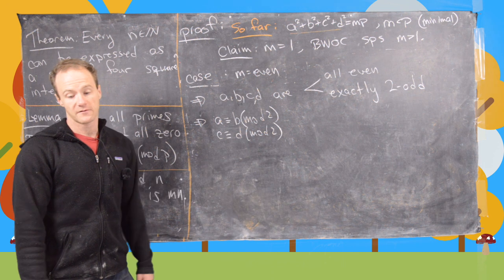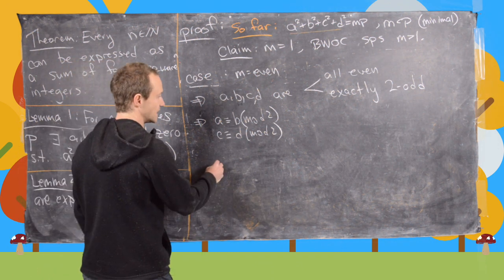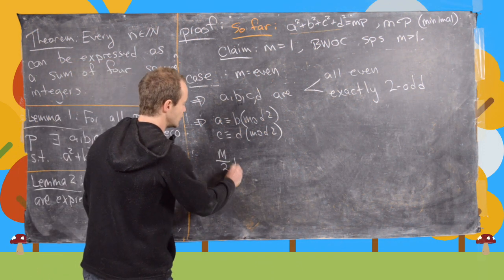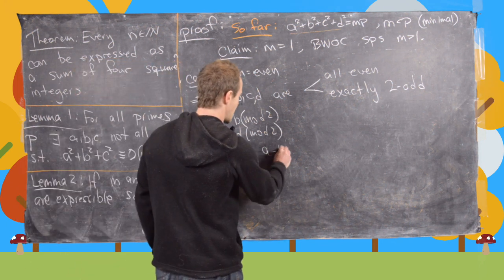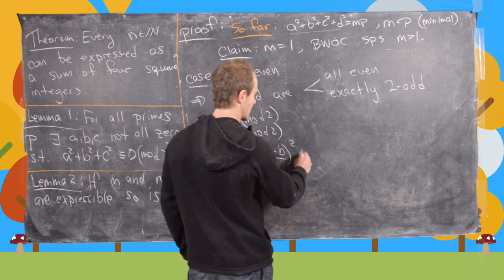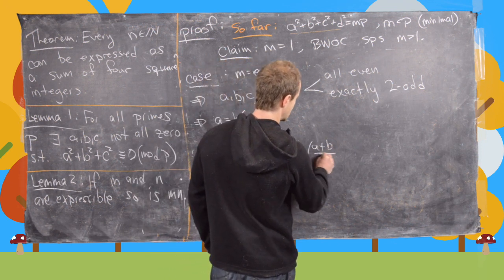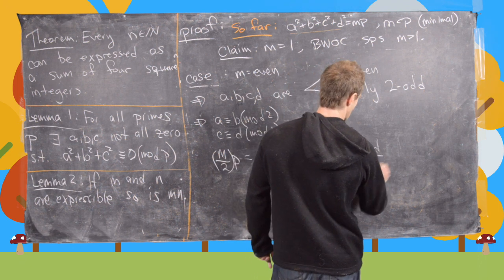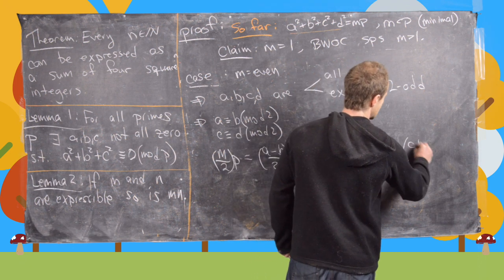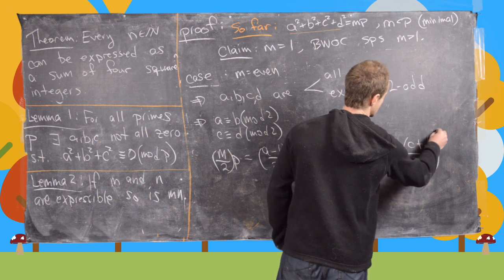Okay, now from here we can construct the following equation. So M over 2 times P is equal to (A minus B over 2) squared plus (A plus B over 2) squared plus (C minus D over 2) squared plus (C plus D all over 2) squared.